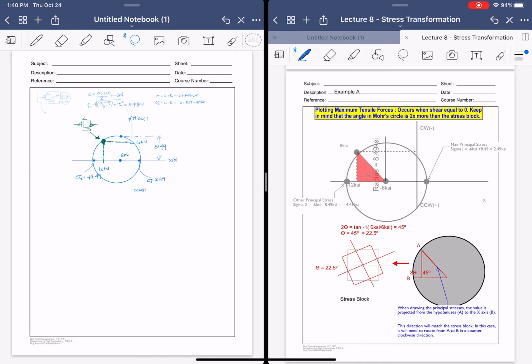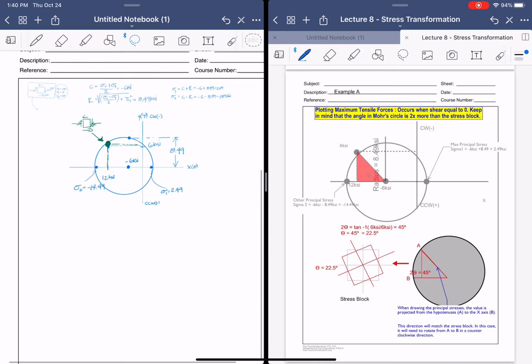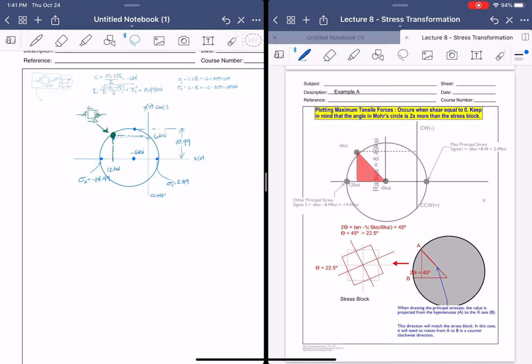Alrighty. So as we've drawn here and put that together, now we're going to be drawing a stress block.